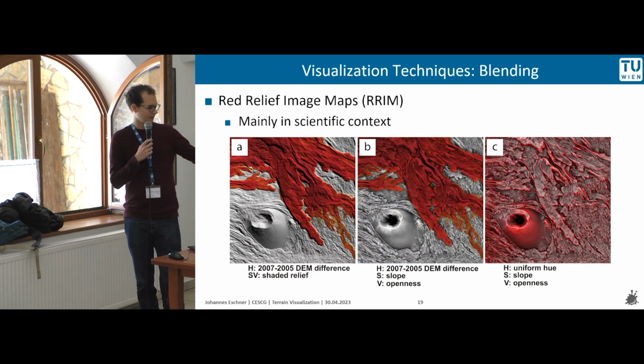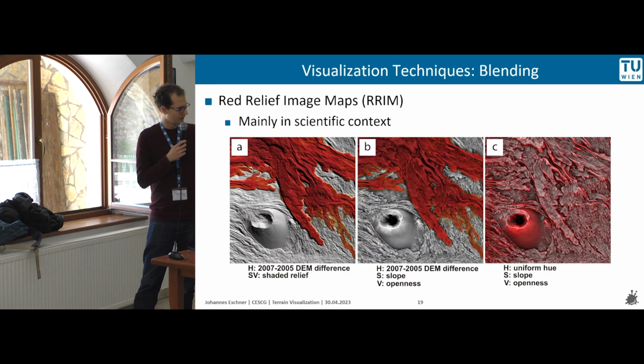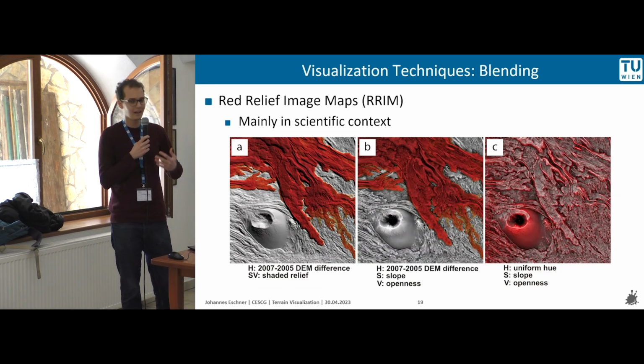They have volcanic maps here where they show differences, for example, in how the lava distributed over different years, and then they used different channels of the overlay to actually arrive at these visualizations, so that there's higher information density in there, but it also kind of makes it harder to read the map, and it only really works if you have a grayscale base map underneath it.